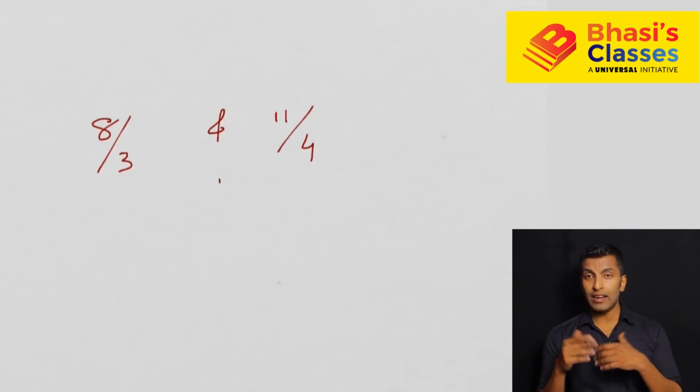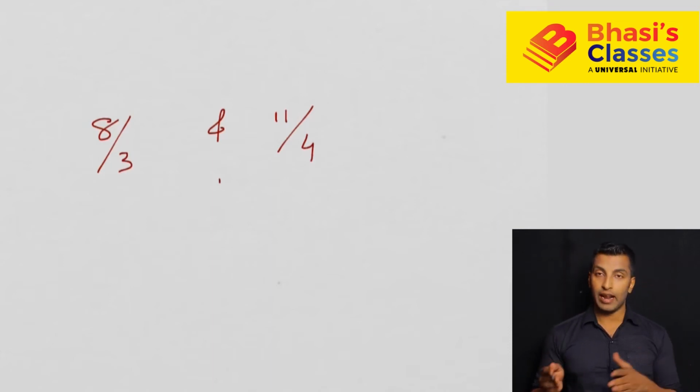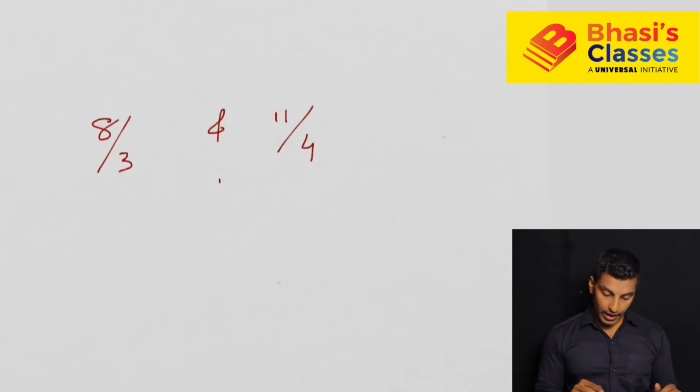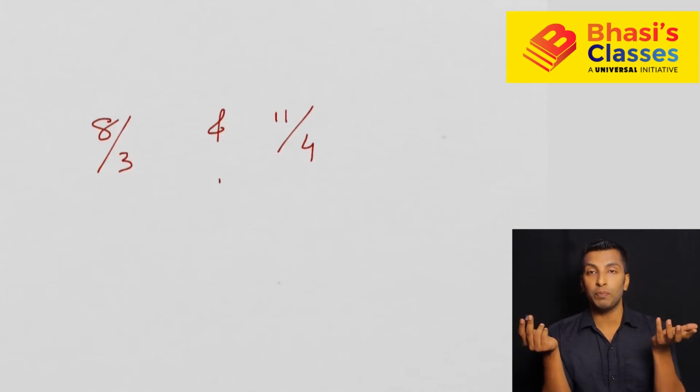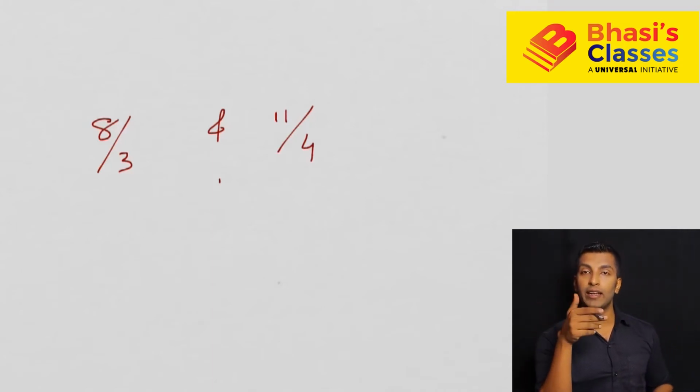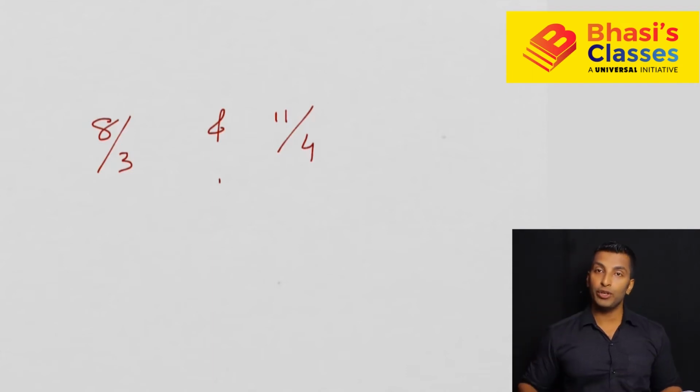If you can convert this into percentage, it's fine. Just multiply by 100 here and here, and then you will get the percentage equivalent, so that you can understand. But without doing that, see, when you are converting into percentage, effectively what you are doing is you are converting the denominator in both cases to 100. There also you are making it the common denominator, right?